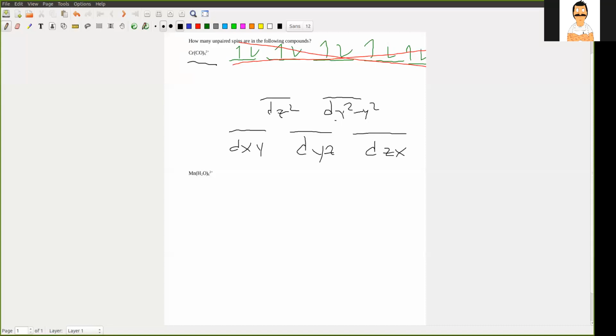And to do so, we simply look at the ligand, which in this case is carbon monoxide. Carbon monoxide is a strong field ligand, which means that it has low spin. And when it has low spin, you simply keep all the electrons in your lower orbitals. Whether this was high or low spin, you would have these 3 electrons that would be spin up in those 3 orbitals.